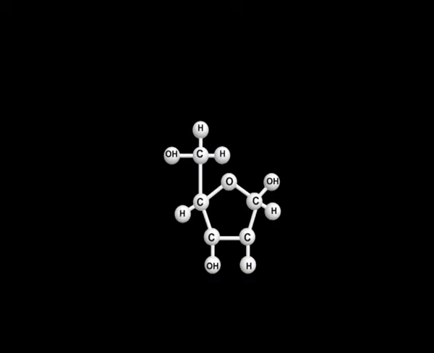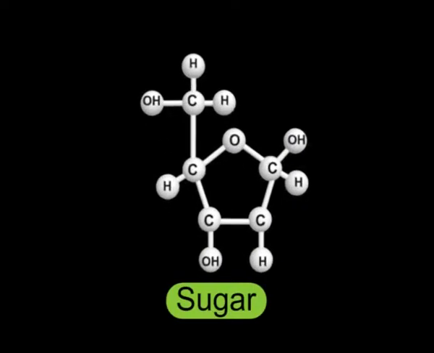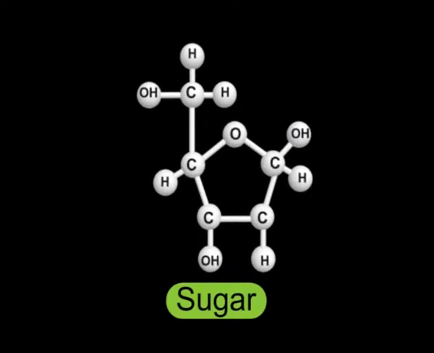The carbon atoms of the sugar molecule are numbered with a dash above them to distinguish them from the carbon atoms of the nitrogenous bases, and the numbers are read as 1 prime, 2 prime, and so on.